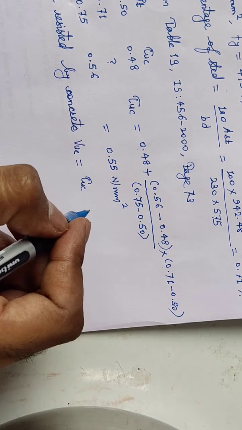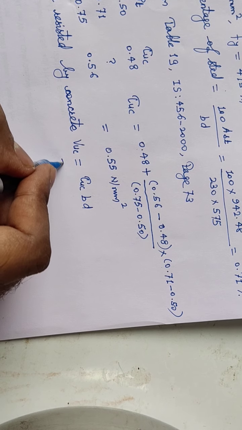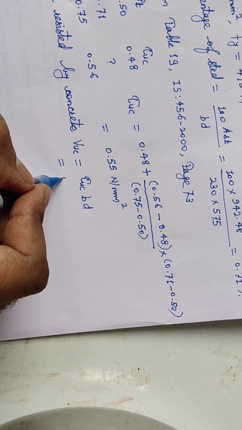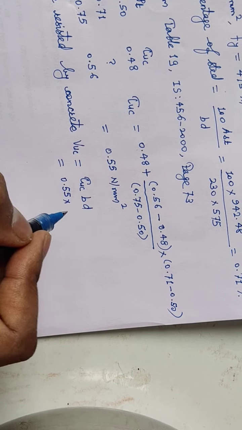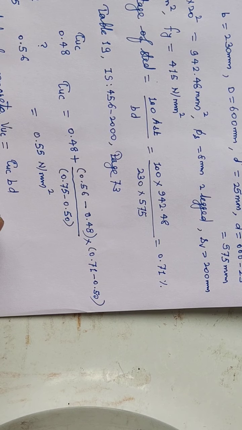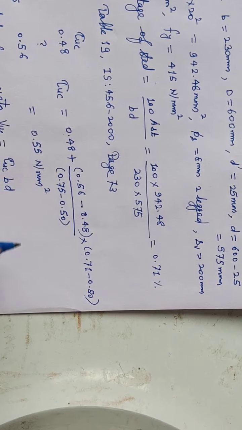So stress into area will be shear strength. This is equal to value of tau UC, 0.55, multiplied by width of the beam 230 and depth 575.